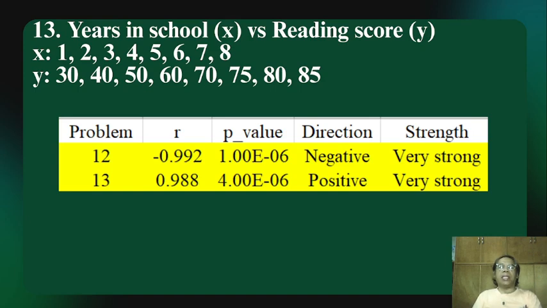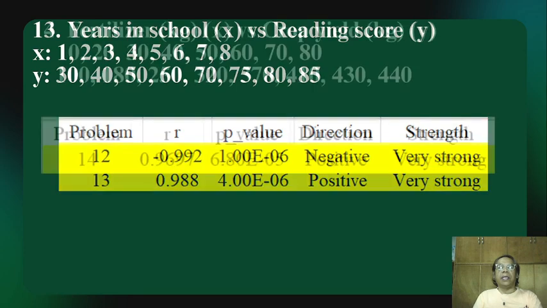So using Excel, our R value is 0.988. Our P value is 4 times 10 raised to negative 6. The direction is positive and then the strength is very strong.